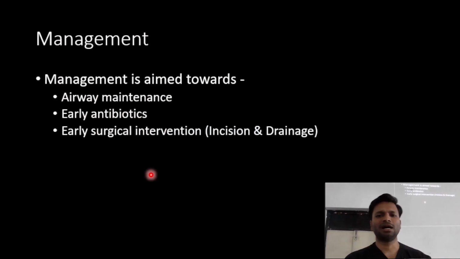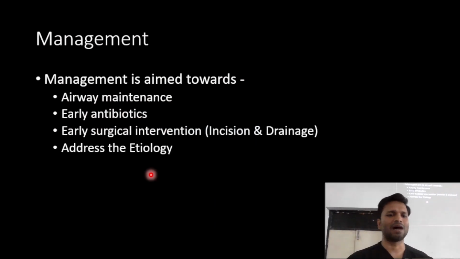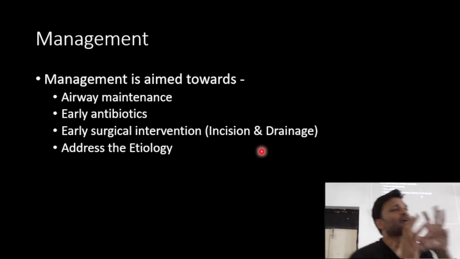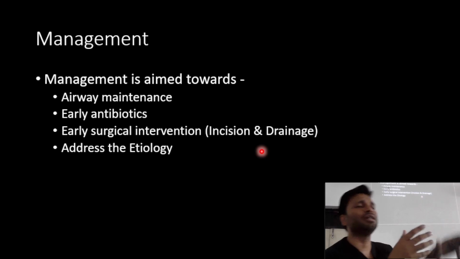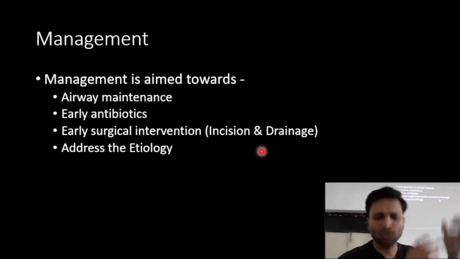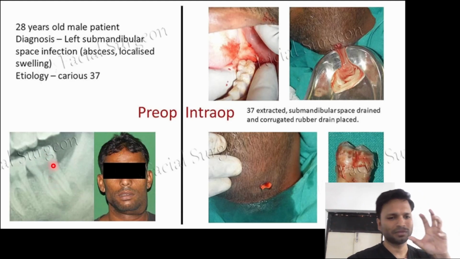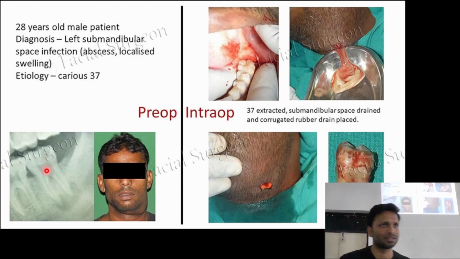So we are done with the early surgical intervention. Then after that, we're going to address the etiology. If we don't address the causative reason, that is the etiology, that is the carious tooth in my previous case, in this we have a caries 3-7, right? If we don't treat this tooth, be it root canal treatment or extraction, we have to address this issue first, okay?